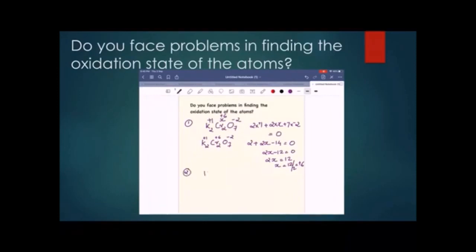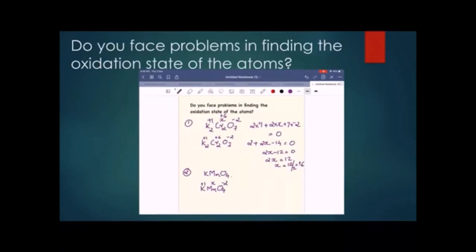Second example, potassium permanganate, a famous oxidizing agent. How to find the oxidation state of all the atoms? Potassium, alkali metal, +1. Oxygen -2. Manganese we don't know because it is a transition metal.